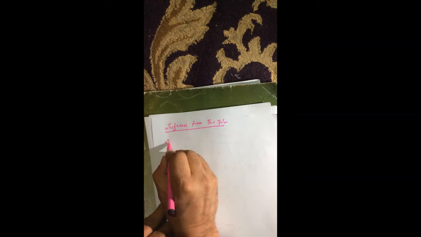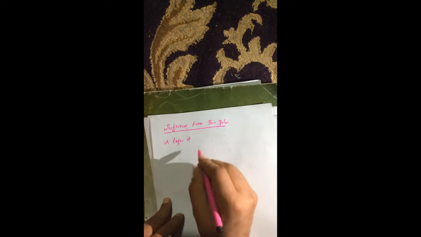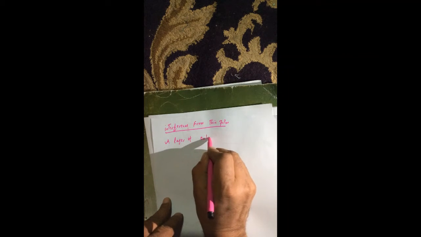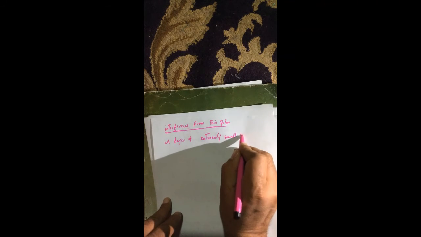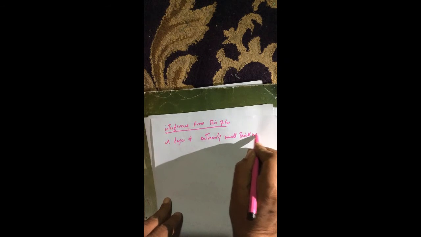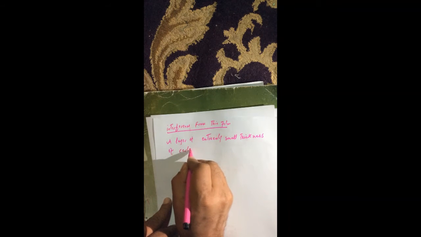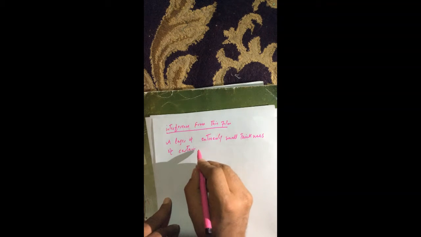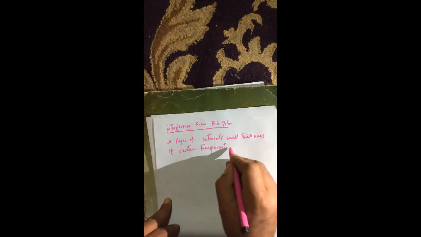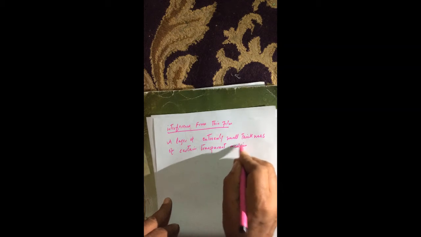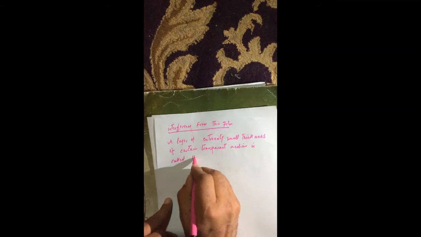If we have a layer of extremely small thickness of certain transparent medium, it is called a thin film.